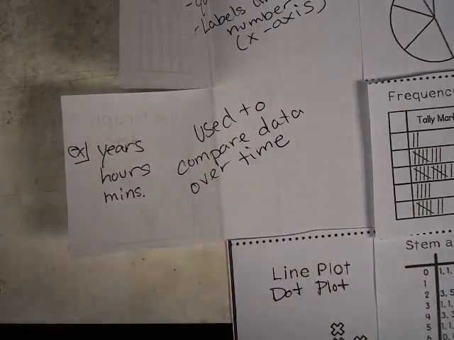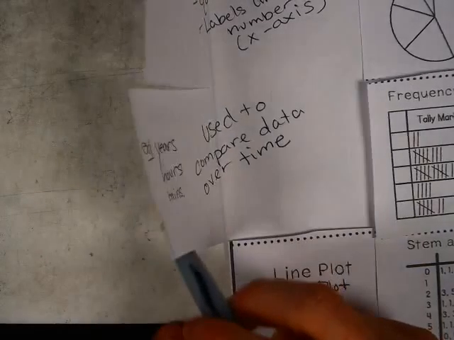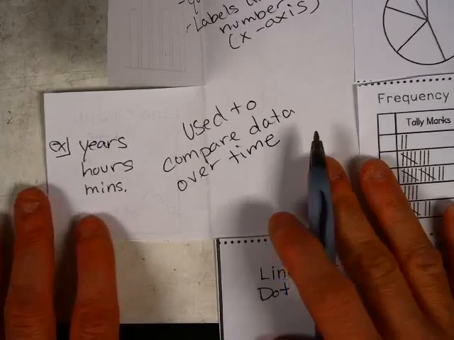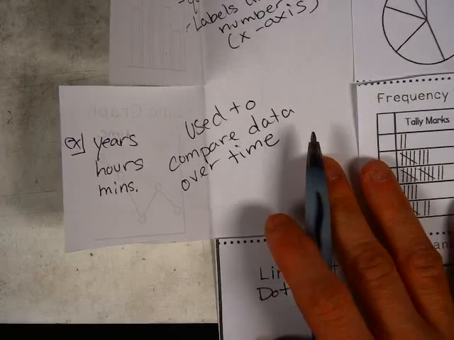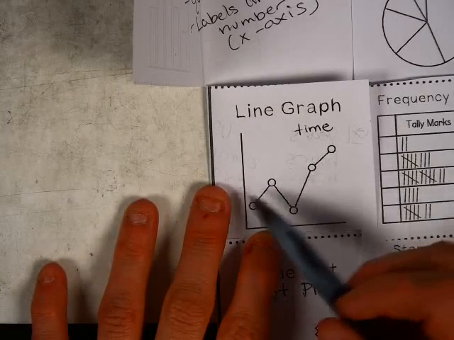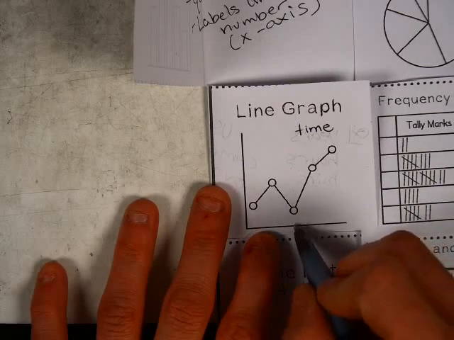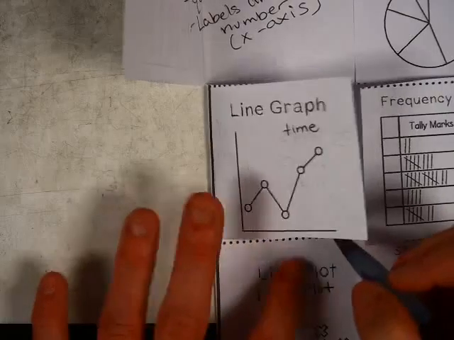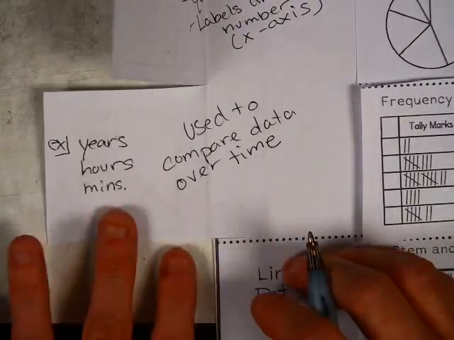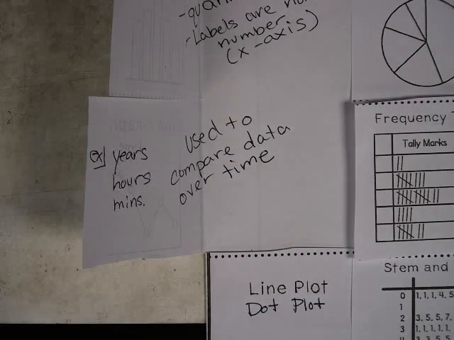So if you're dealing with time of any sort, years, hours, minutes, seconds, decades, centuries, we're going to be dealing with a line graph. So it's going to say how a business or product gets better over time, or how many they sell over time. So this tends to be a time element, not just years, so change over time.